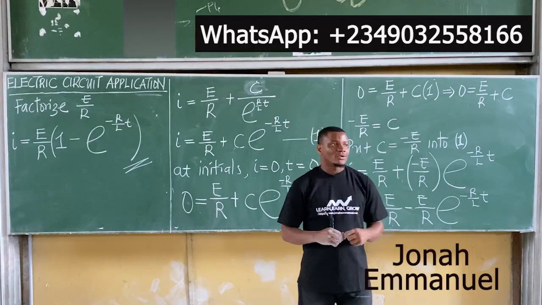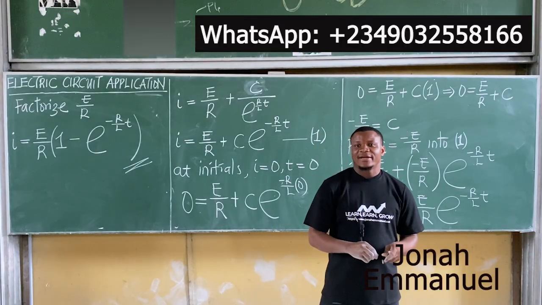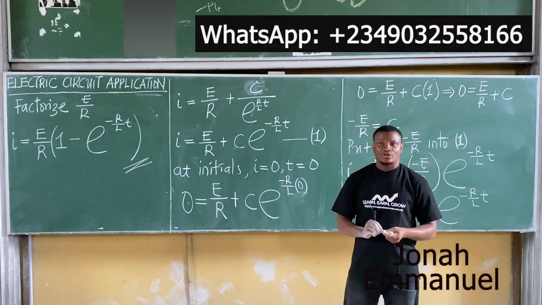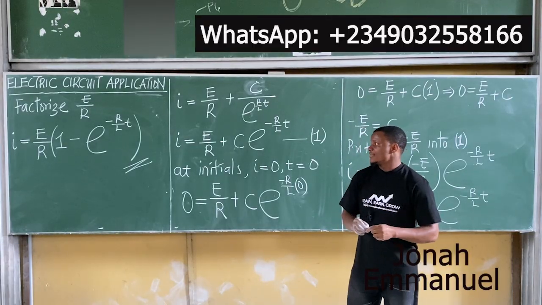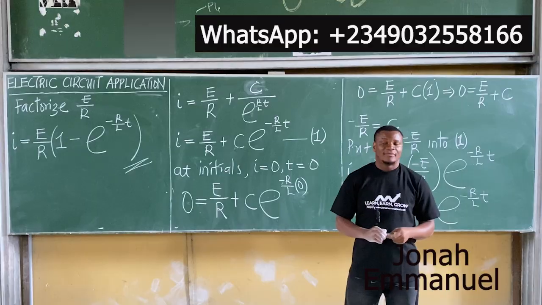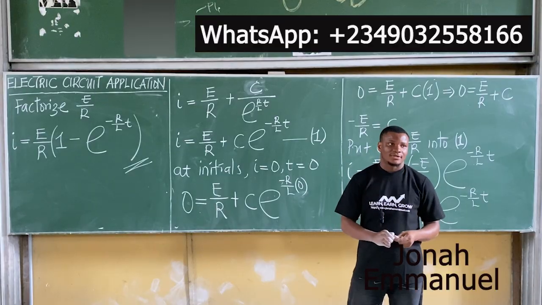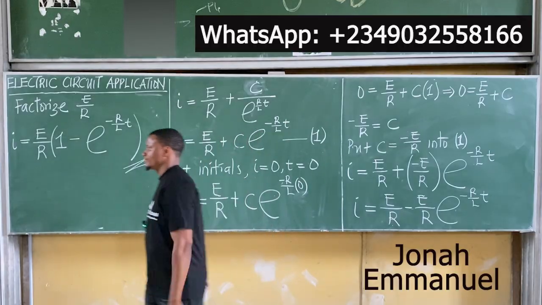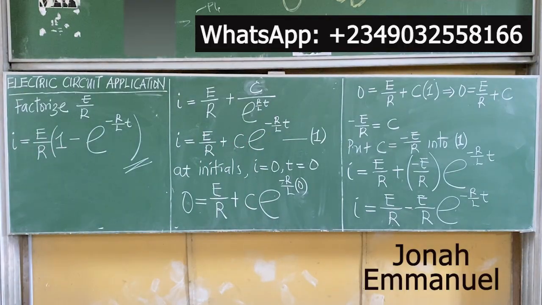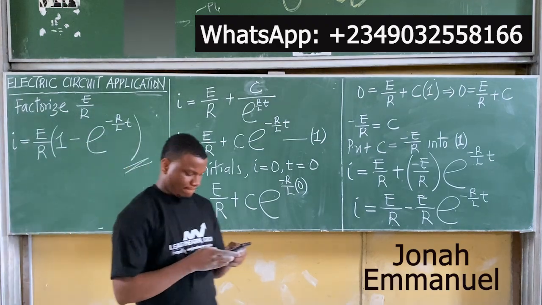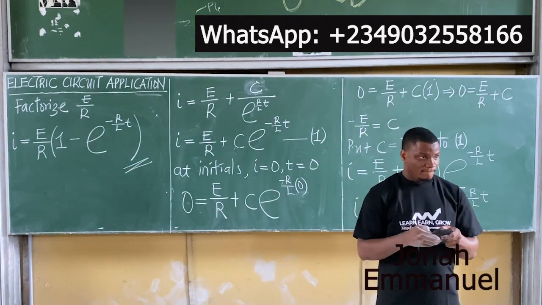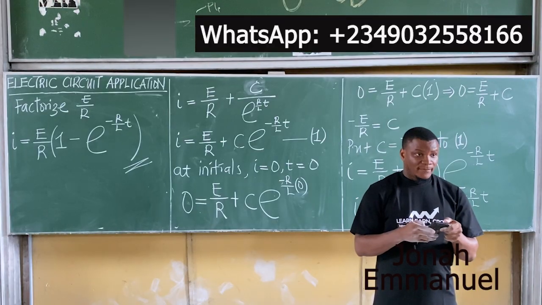So the equation to calculate current in an RL circuit is given by I equal to E over R into 1 minus exponential minus R over L T. Please copy that. Let's proceed.